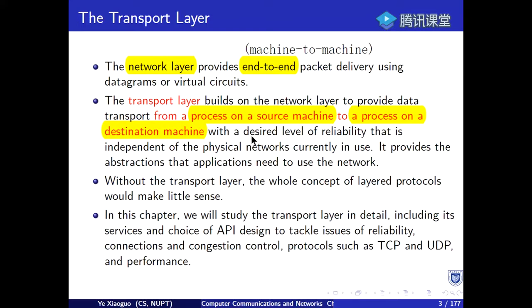It provides the abstractions that applications need to use the network.